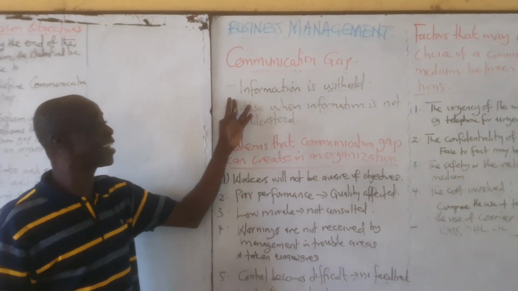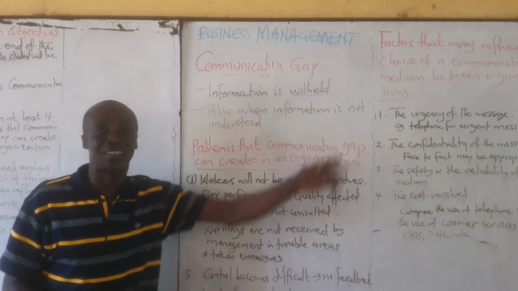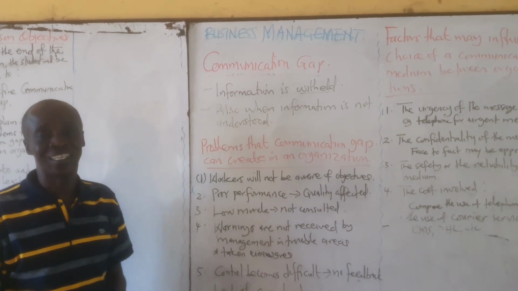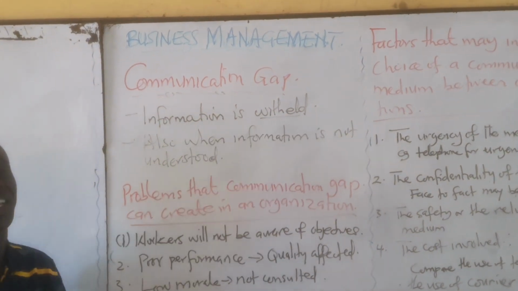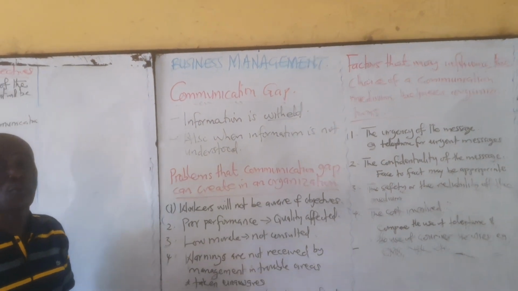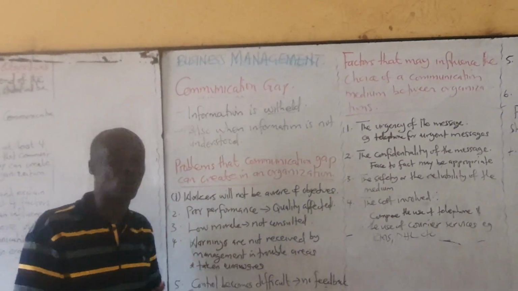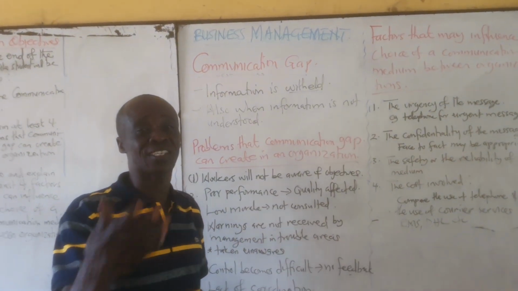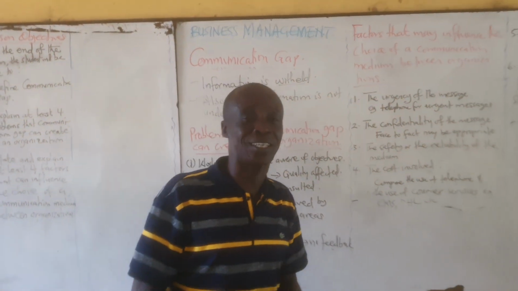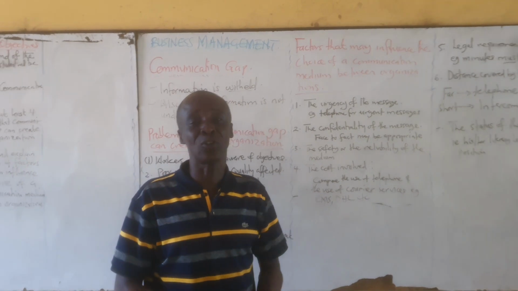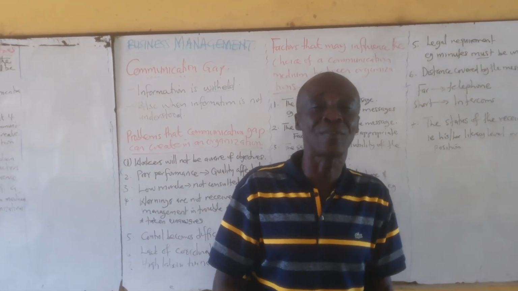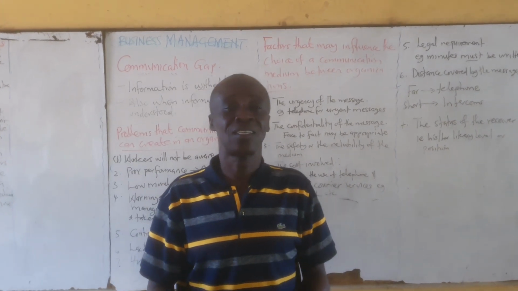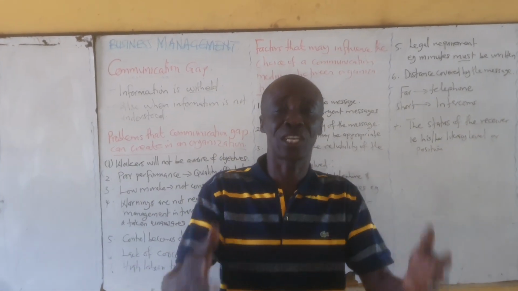So I have indicated that when information is withheld, just as I described to you, then there is communication gap. When information that is supposed to be shared is not shared, something that concerns you, you don't hear anything about it. You don't know when you are going to be promoted. Information as to when you are going on leave and a whole lot of other things is not shared.